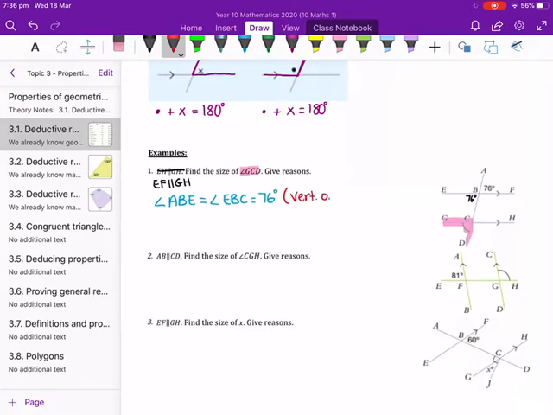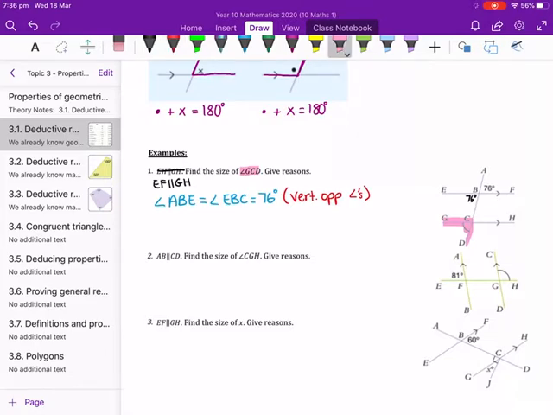So we can just write vert op angles, and that stands for vertically opposite angles. So now that we know that this angle EBC is 76 degrees, can we see either some corresponding, co-interior or alternate angles?